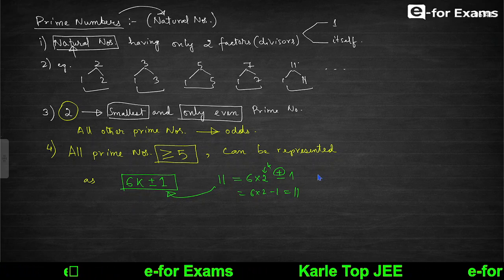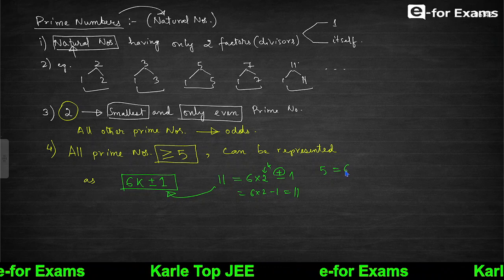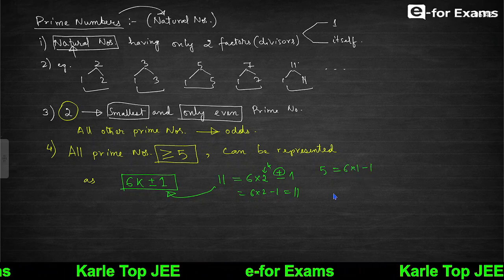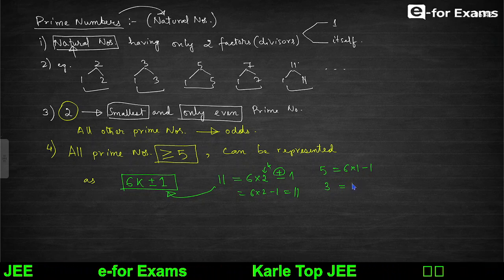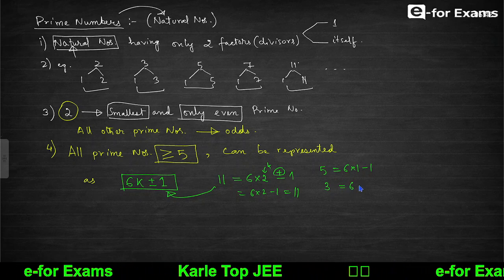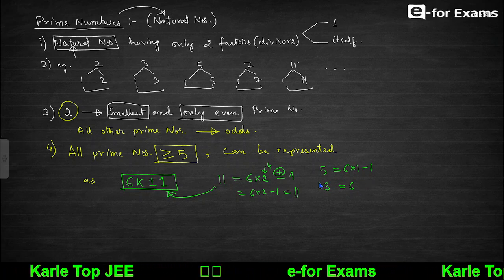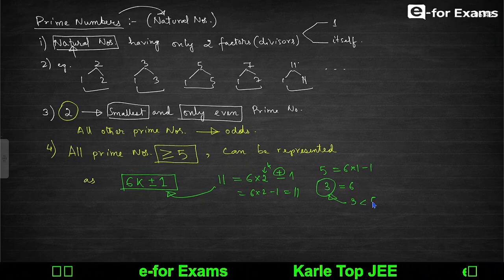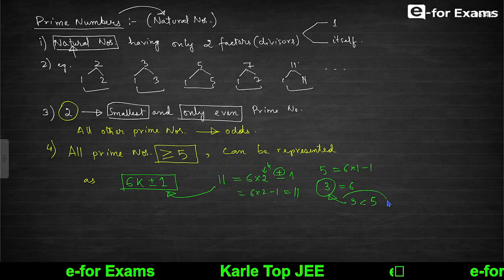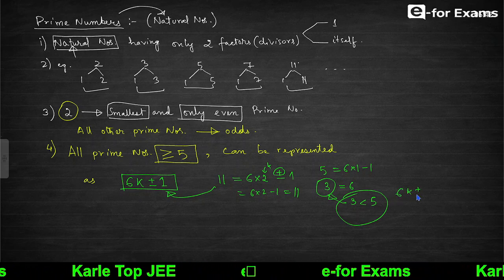Let's take another example, 5. 5 can be represented as 6 into 1 minus 1. 3 is less than 5, so we cannot represent it in the form of 6k plus or minus 1.